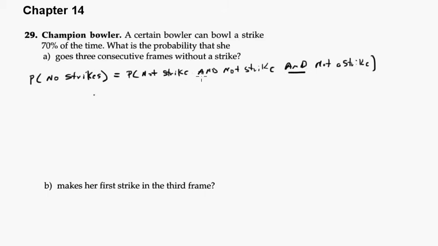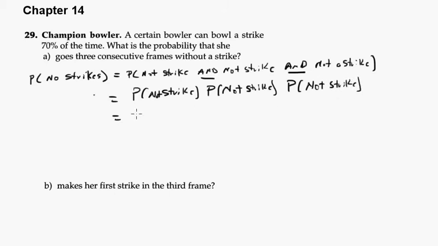So we would multiply. The probability of not a strike times the probability of not a strike times the probability of not a strike.